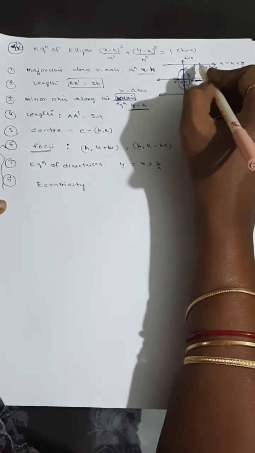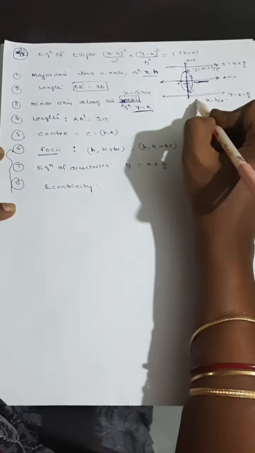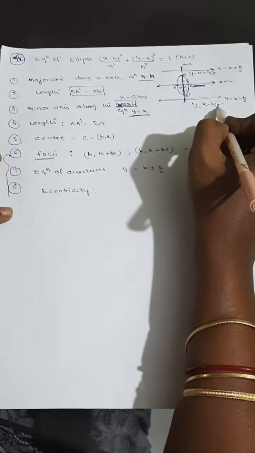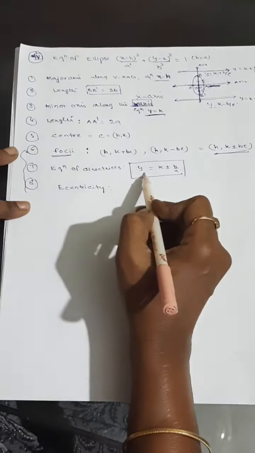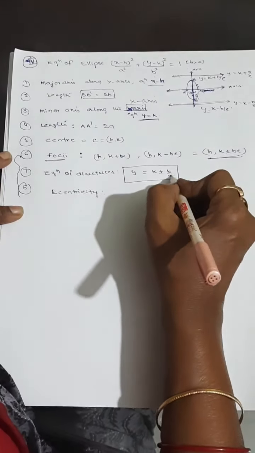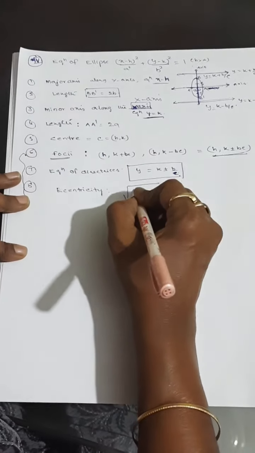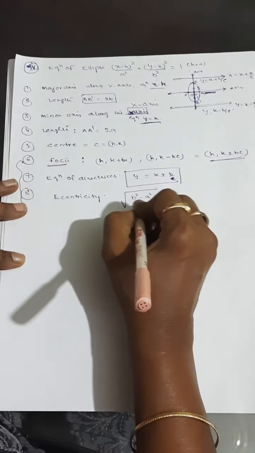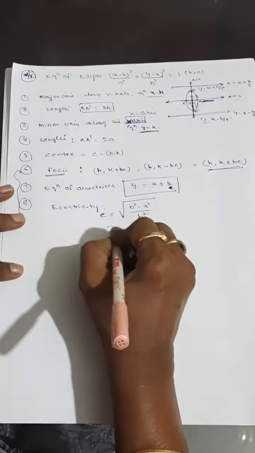So, its equations are y is equal to k plus b by e and y is equal to k minus b by e, or briefly we can write y is equal to k plus or minus b by e. Okay? Now, eccentricity is the square root of (b square minus a square) by b square. Eccentricity is denoted by the letter e. Briefly, note this down in your notebook.